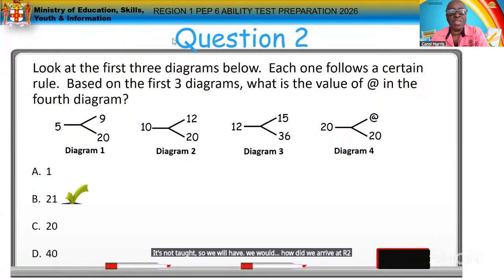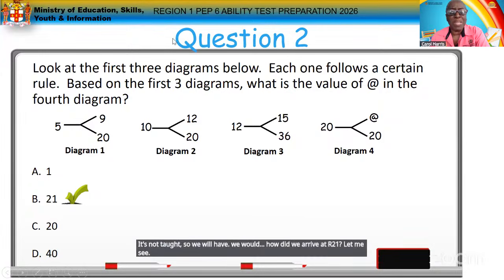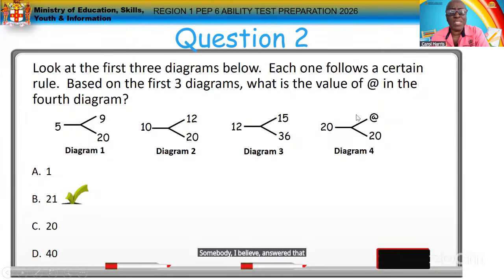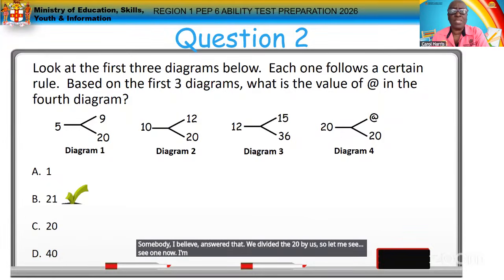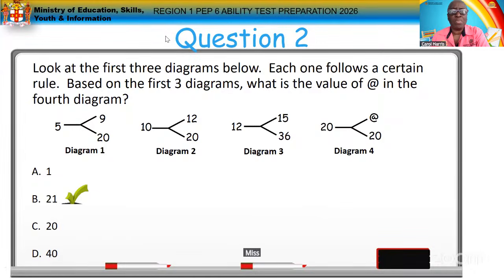Let me see. Somebody, I believe, answered that we divided the 20 by, so let me see, I'm not sure, let me see who else is here. Miss, the answer is 1. Do not open your mic and speak until you're acknowledged, please. Especially since the answer is not 1.